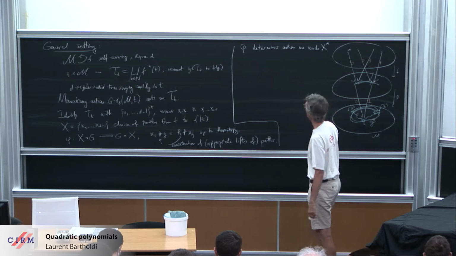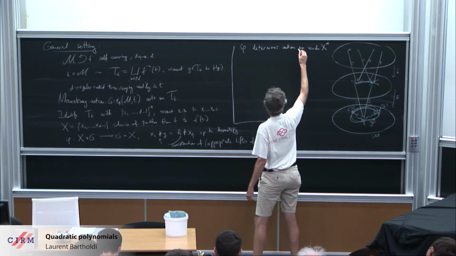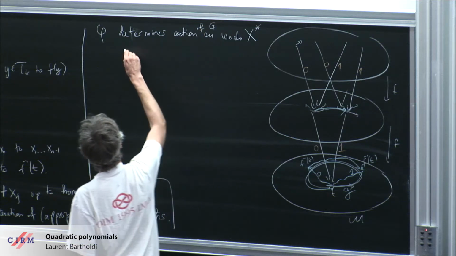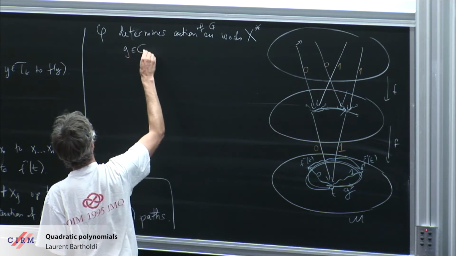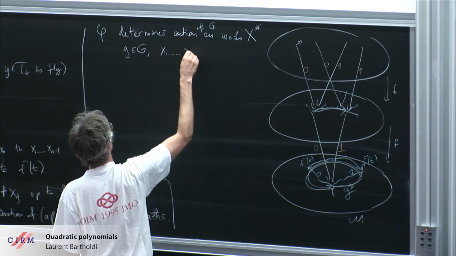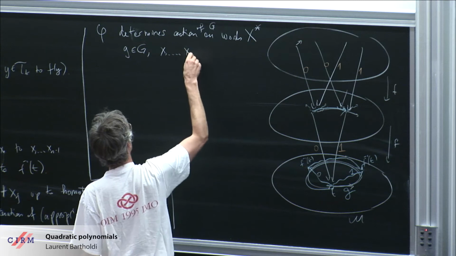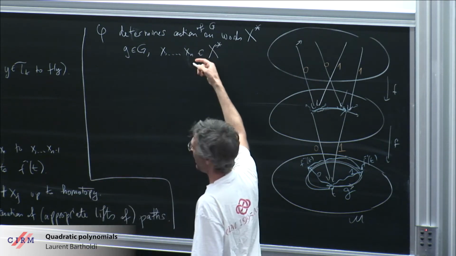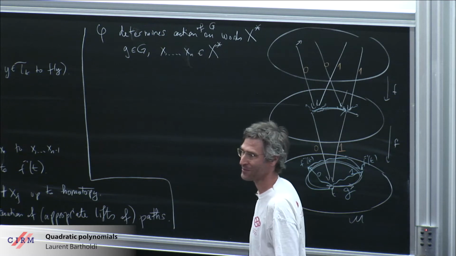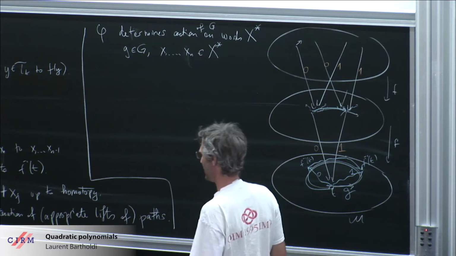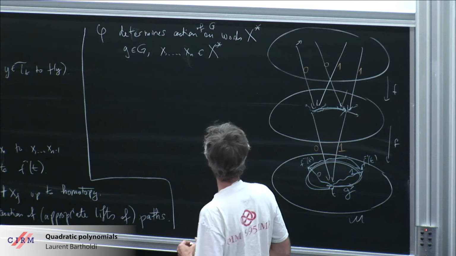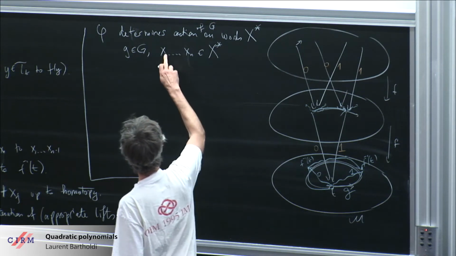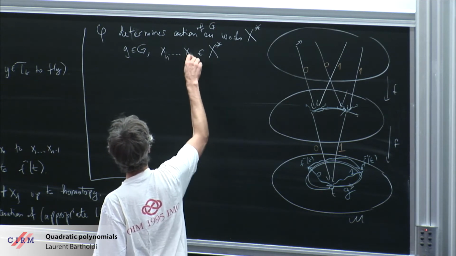In all cases, if you're given g in the group, and x1 up to xn in X star, well, now I'm going to act from this side onwards, just because I don't want to introduce any extra artificial reversion. Maybe I should write my words in this way.